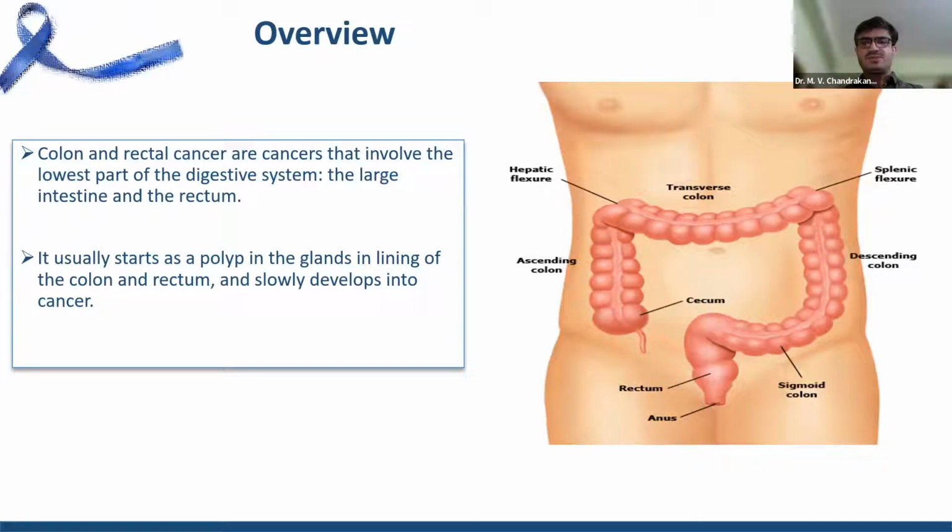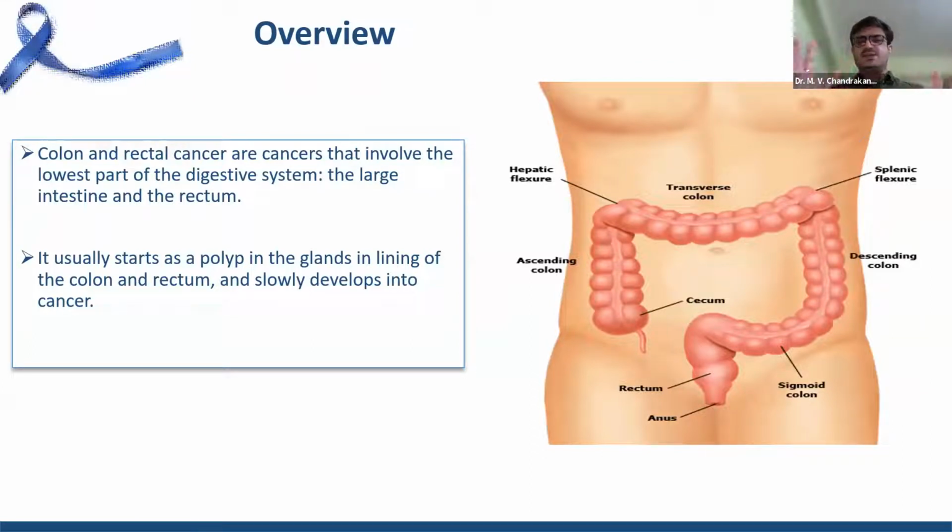So if you look at the parts of the colon, we have the right colon or the ascending colon that is going up. And then we have the transverse colon that is horizontal. We have a descending colon or the left colon. And then we have a sigmoid colon. And then we have the rectum and the anus. Very importantly, in colorectal cancer, we divide the colon into right and left.